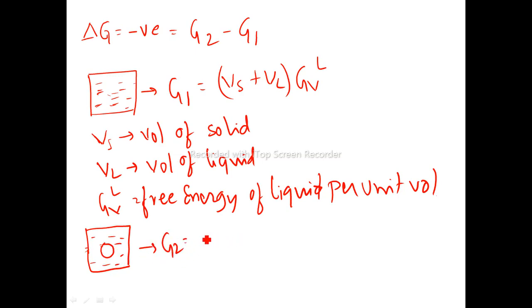This is given by the equation Vs into Gv of S plus Vl into Gv of L plus ASL into gamma SL. As in the previous equation, we come to know about these two.